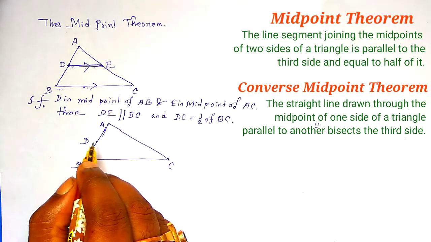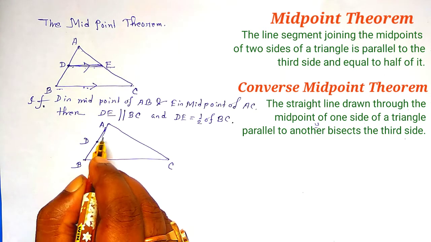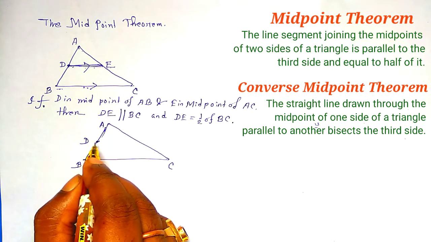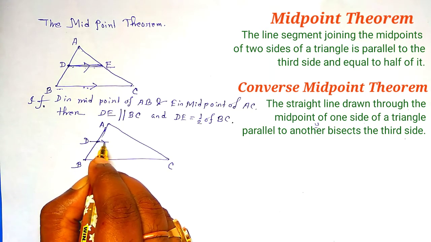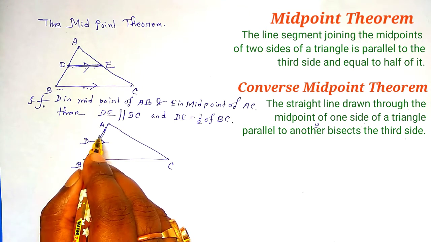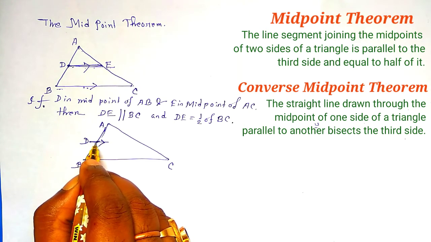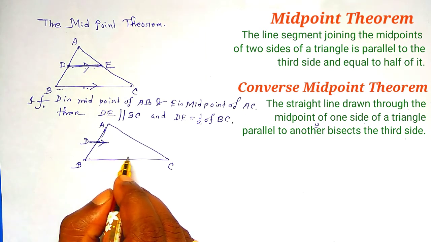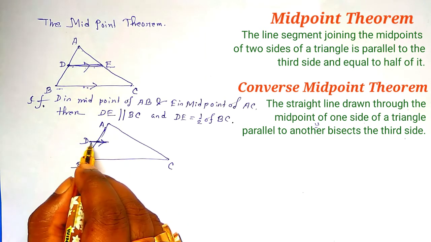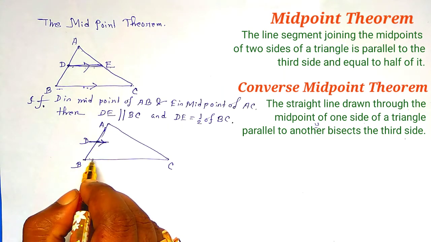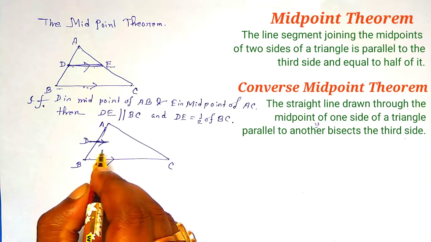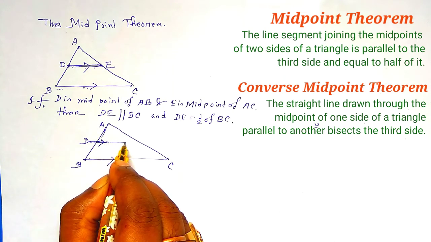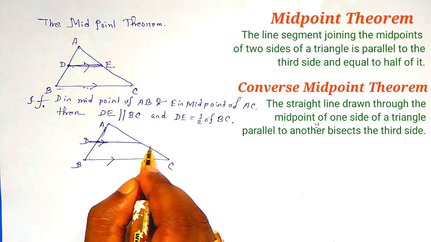It means if D is the midpoint of AB, then the line passing through point D which is parallel to BC meets the midpoint of AC.